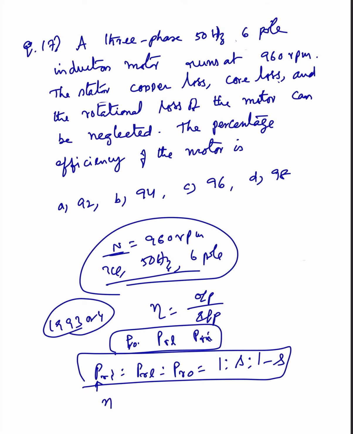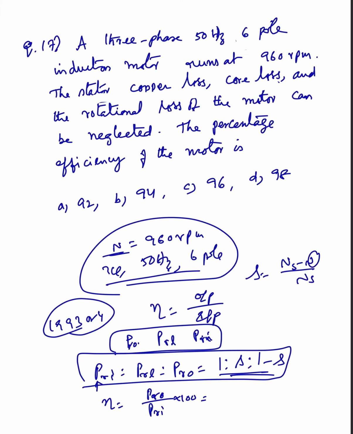So now what is the efficiency? Rotor output by rotor input into 100. See, now this power relation with the slip. What is slip? Ns minus n by ns.